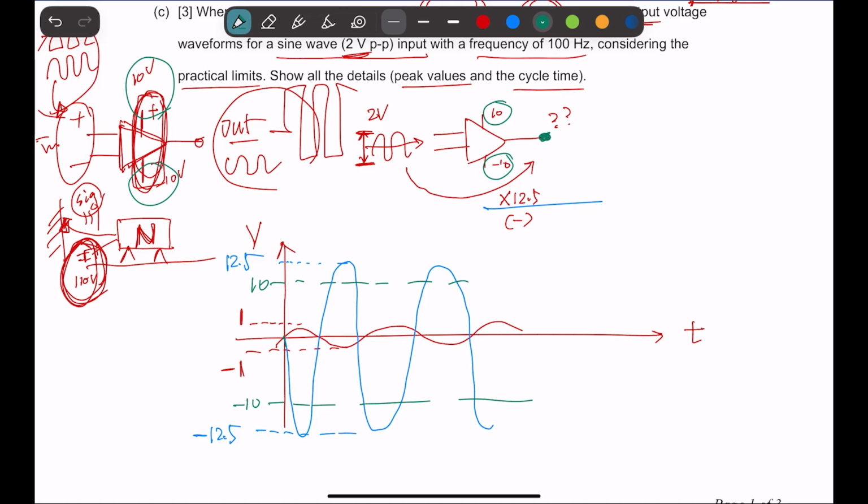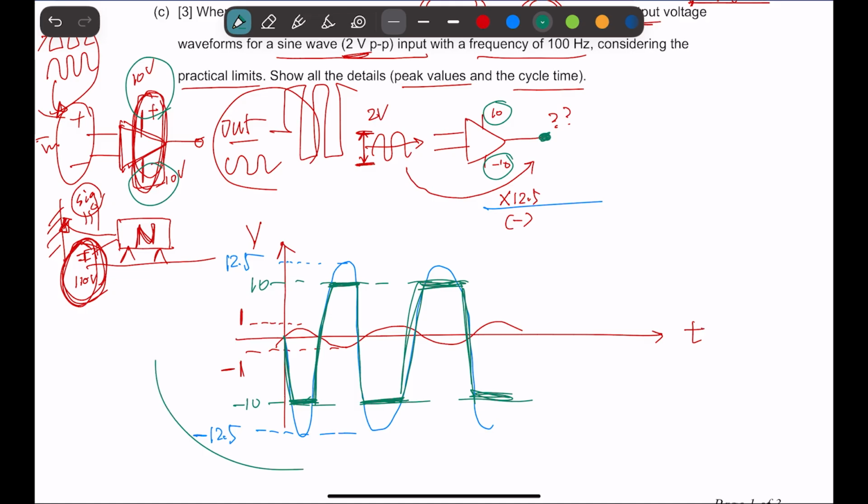So it's going to go down, and then it's going to be capped at this point. It's going to go up, and then it's going to be capped. It's going to go up, capped, go down, and capped like this. So that's what we expect to see. Okay?